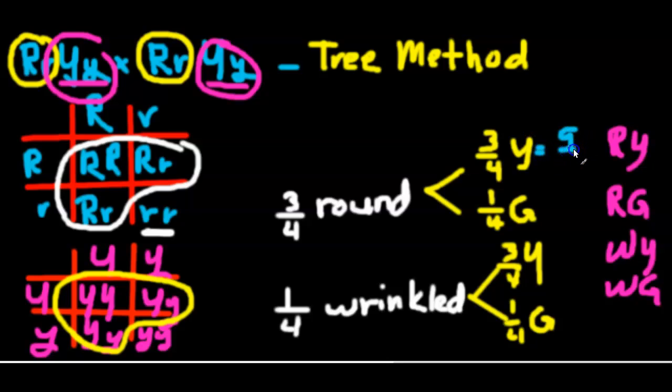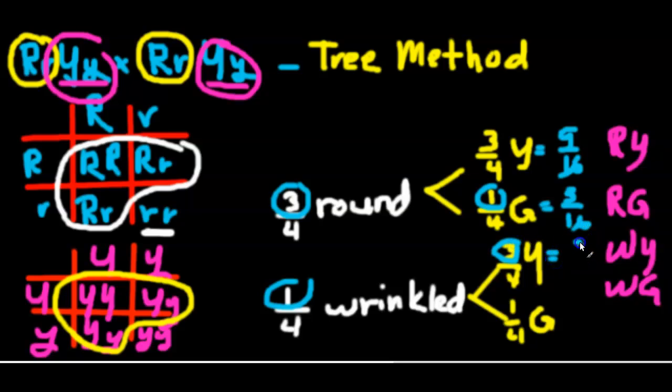4 times 4 is 16. 3 times 1, 3. 4 times 4 is 16. 1 times 3, 3/16. 1 times 1.